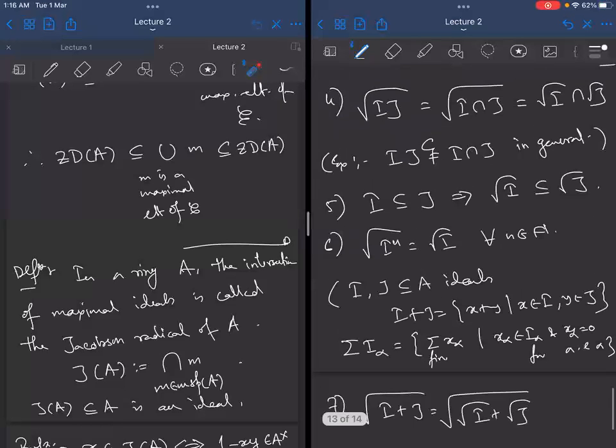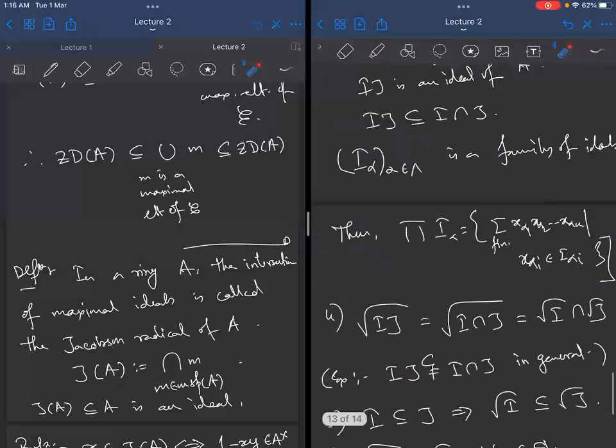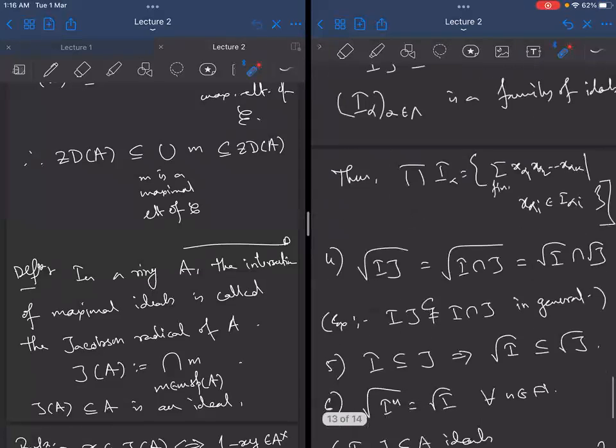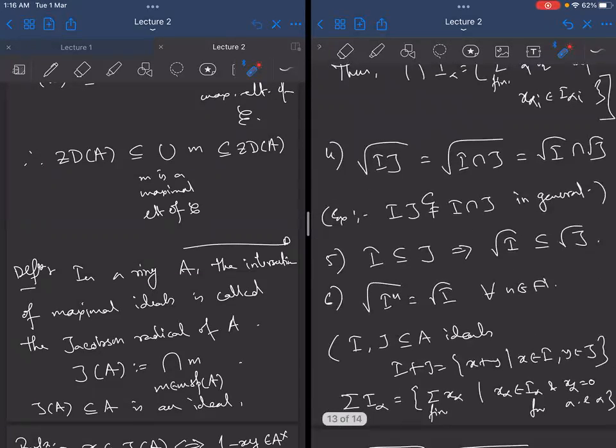And again, by virtue of the sixth statement and this one for prime ideals, what we get is that if you take the radical of a prime ideal raised to the power n, then that is the same thing.